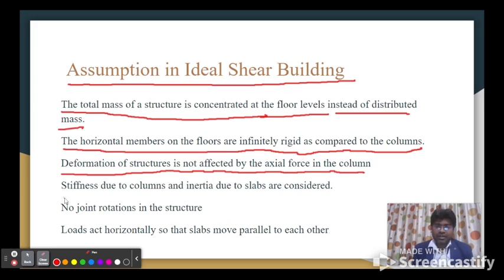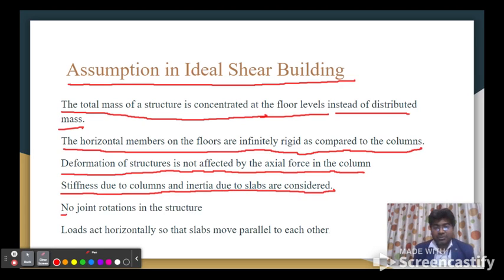Now the fourth assumption is that only stiffness due to columns and inertia due to slabs are considered. We are considering lumped mass at the slab level only, so stiffness will be provided by the columns only, and inertia will be acting at the slab level only.